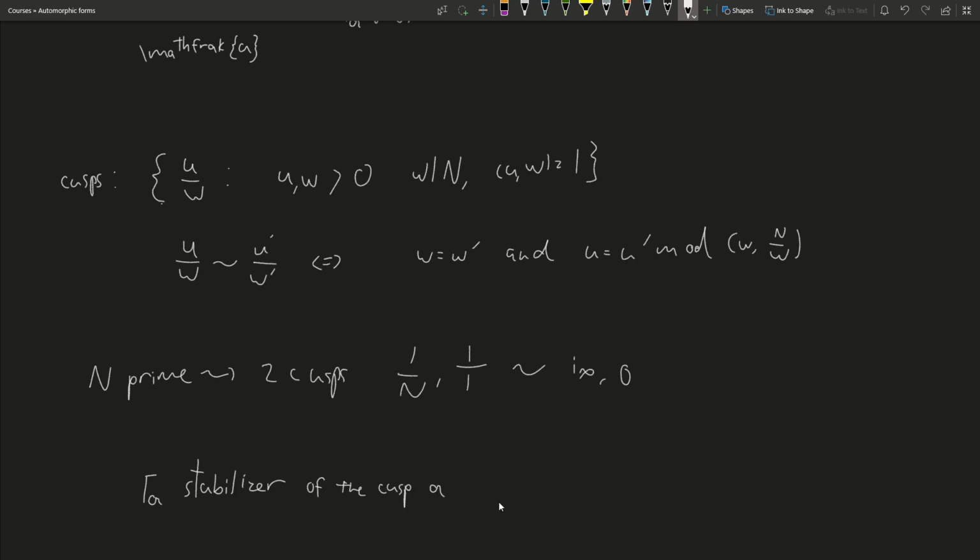So we defined last time that gamma infinity was the group generated by (1 1; 0 1), maybe with a plus minus here.